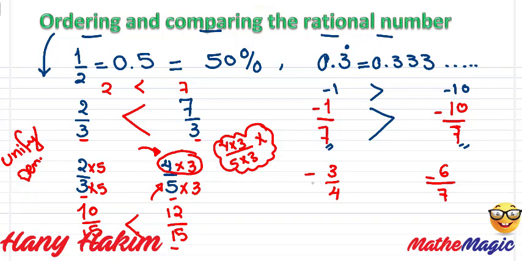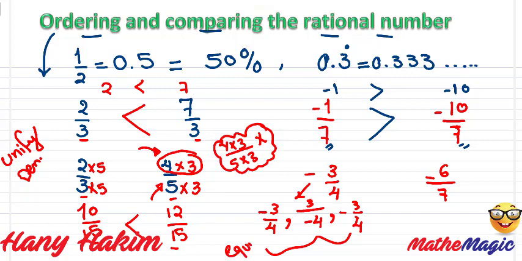I can write negative 3 over 4, or, and this is the same, 3 over negative 4, or negative 3 over 4. All of these fractions are equivalent. So it's preferable, it will help me more to write the negative with the numerator, which is 3. If I write it in the first, second or third form, they are all the same, but it's always better to put the negative with the numerator, not with the denominator.